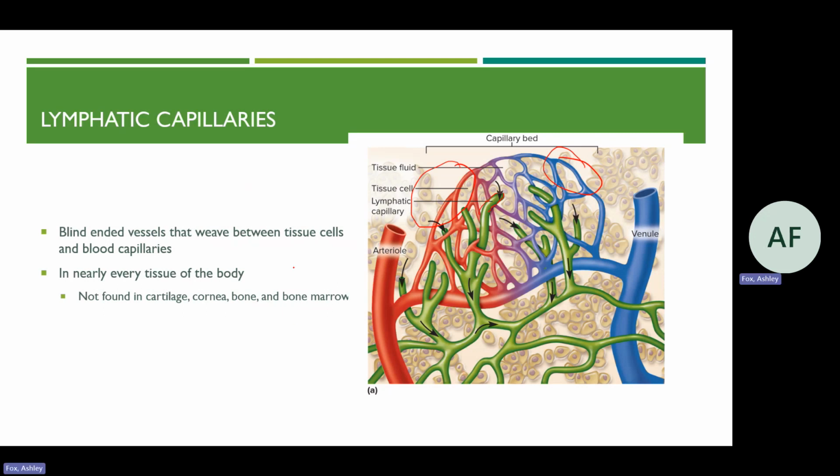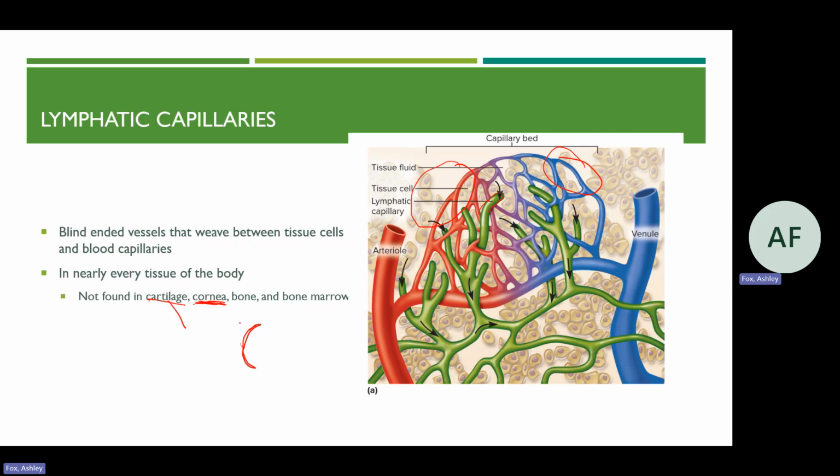So lymphatic capillaries are almost in every tissue of the body. We don't find them in cartilage and the cornea. So the cornea is that clear surface on the surface of the eye. So there are not blood vessels in your cornea, in a normal cornea.